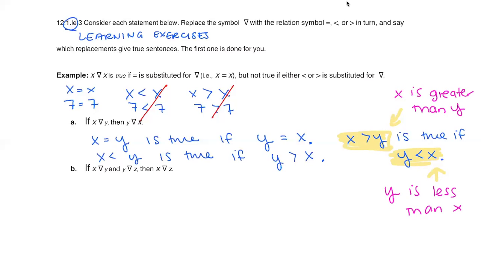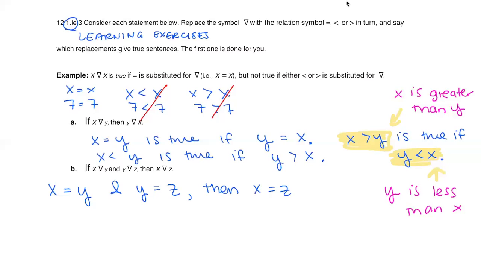If x is related to y and y is related to x, then what can we say about x and y? So to start off, if x is equal to y and y is equal to z, then we want to say, is it true that x is equal to z?